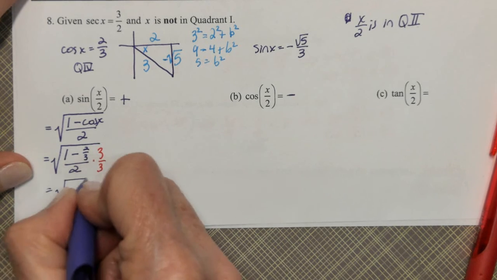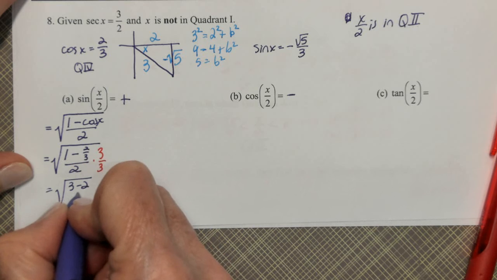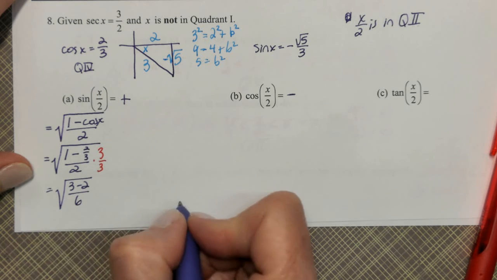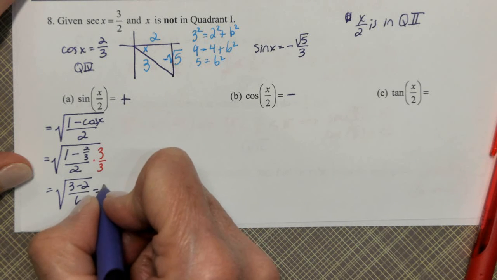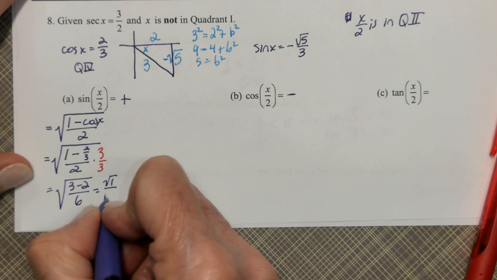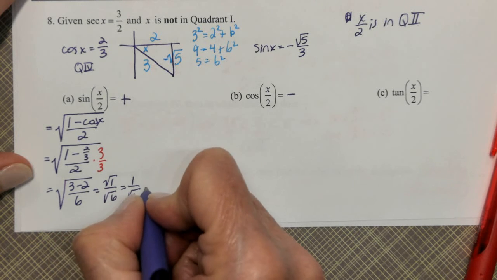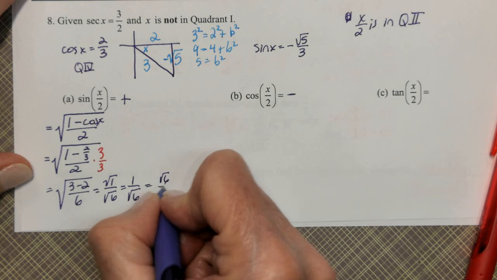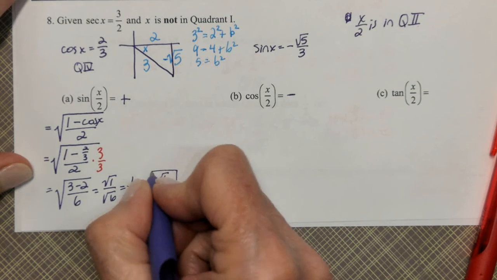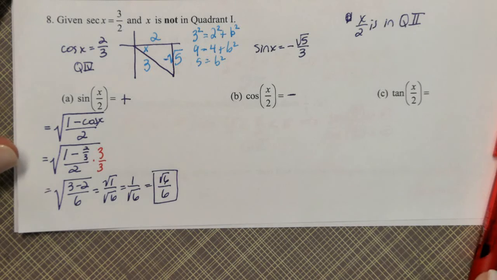So we'll have square root of 3 minus 2 all over 6. That is square root of 1 over square root of 6, which is 1 over square root 6, or square root 6 over 6.